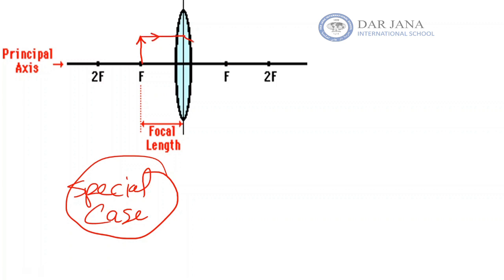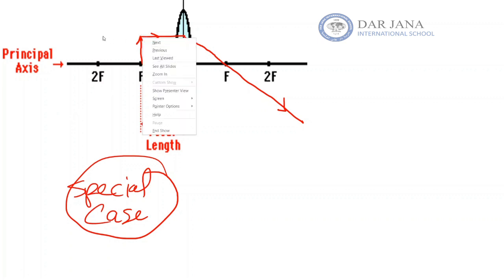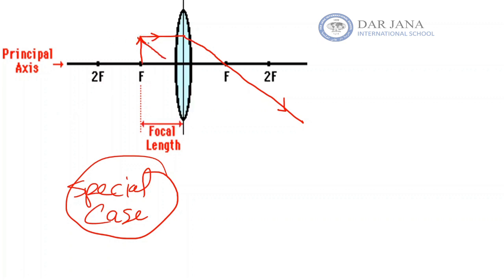It will go to F. Another ray through the optical center. So as you see, the two rays are parallel. They don't intersect.